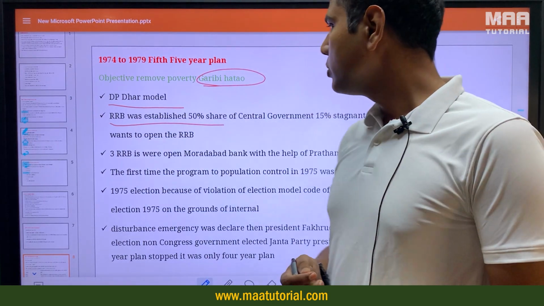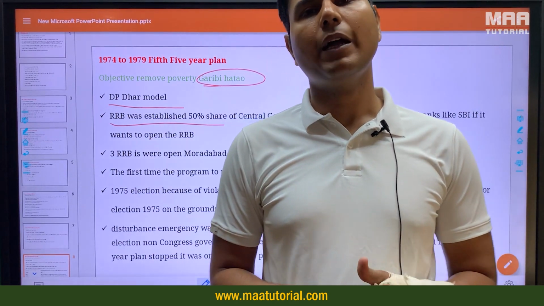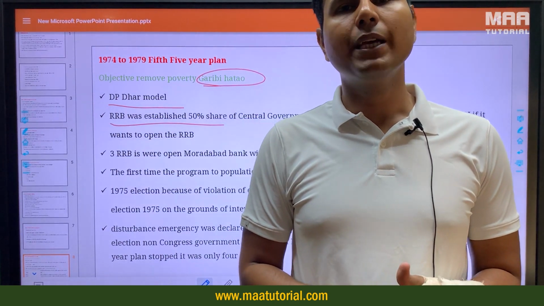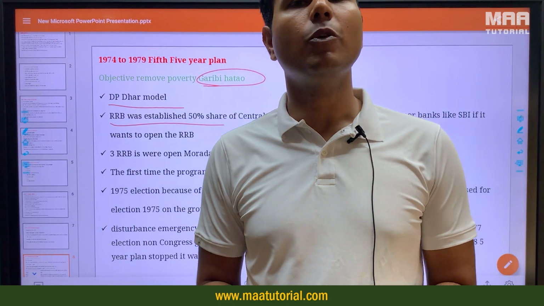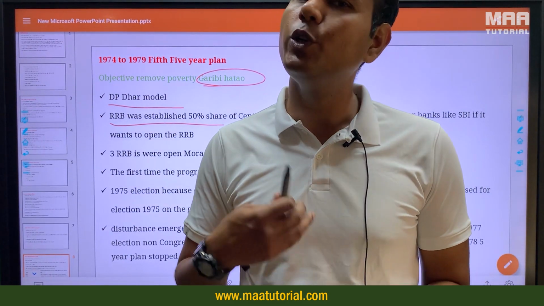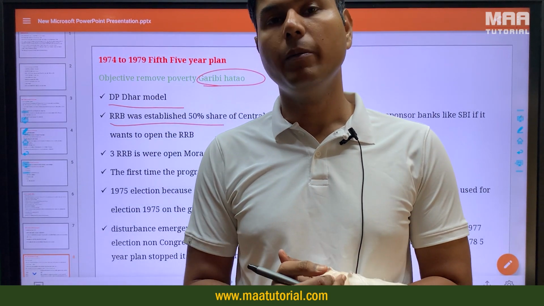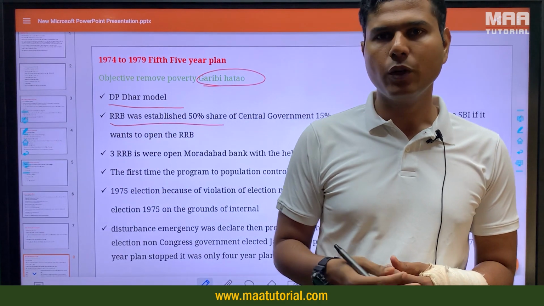Okay. So what the government said is, let's say there is a bank, a private bank or some other big bank, that would be called a sponsor bank. So let's say SBI wants to venture into a new business which has a prospect of profitability, that is having banks in rural areas.